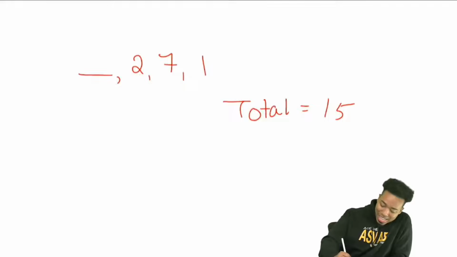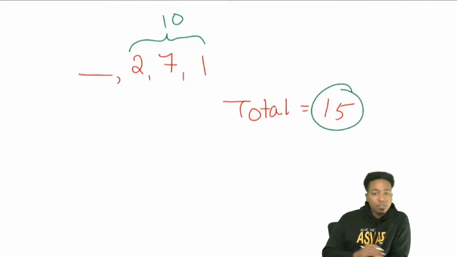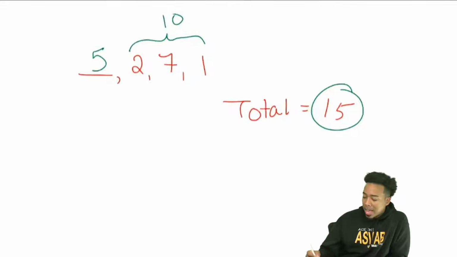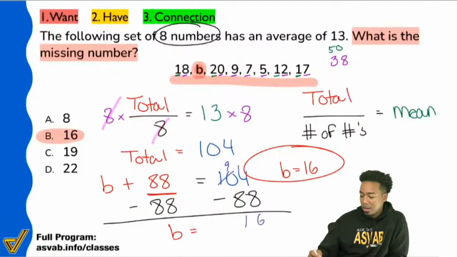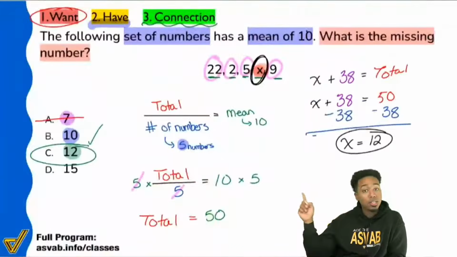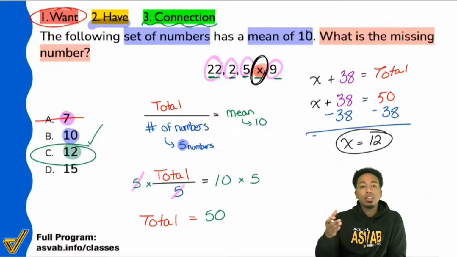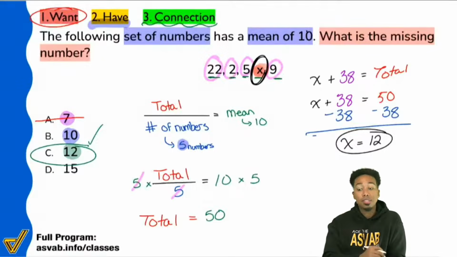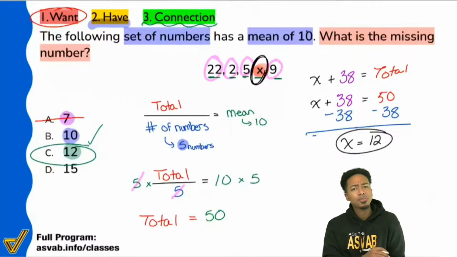So I could say that this part right here is 10, but it all has to add up to 15. So I need a 5. That's exactly what we're doing there, exactly what we've done here, and exactly what we did there. We found what the total is supposed to be, and then just worked backwards to find that missing number. Does that make a little more sense there?